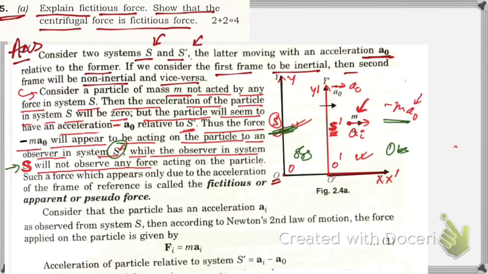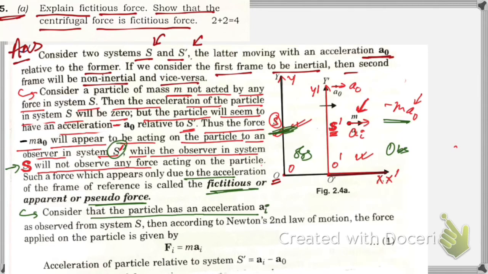So such kind of force that appears due to the acceleration of this frame of reference is called fictitious force, or apparent force, or you can say pseudo force. So now you see, consider the particle has an acceleration a i.